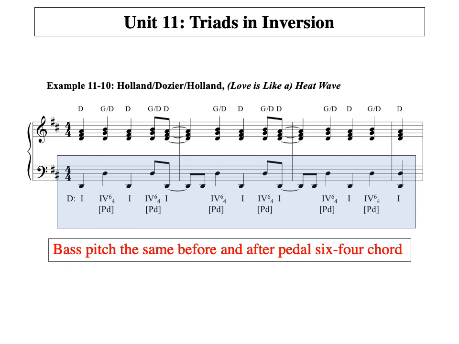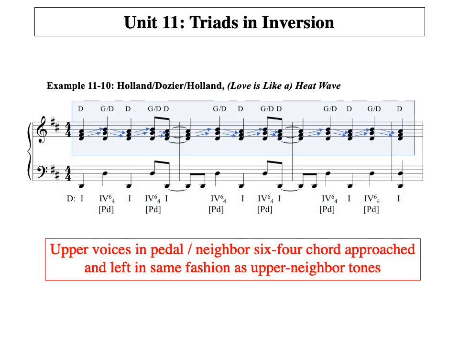As I mentioned, when you call it a pedal 6/4 chord, you're noticing the fact that the bass is basically the same pitch all the way through, even if it's jumping around an octave, like happens here. But it's a pedal tone. It's not changing off of that note, even as the chords change above it. If you call it a neighbor 6/4 chord, then you're talking about what's happening in the highest voices in the treble clef.